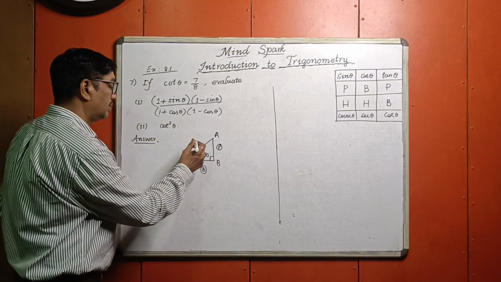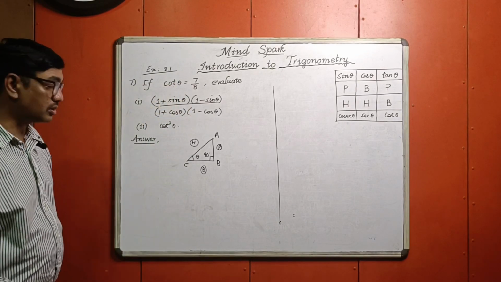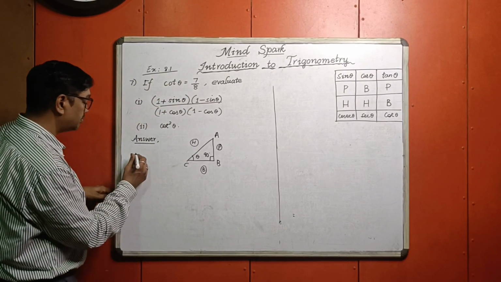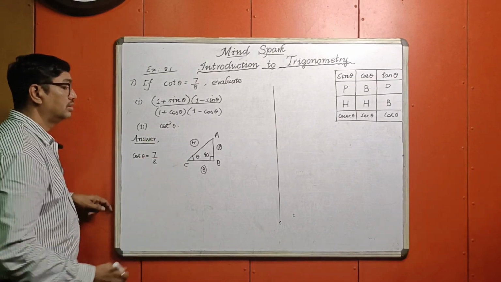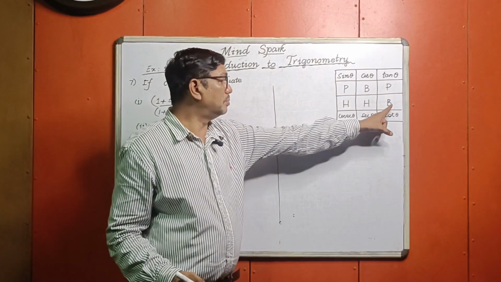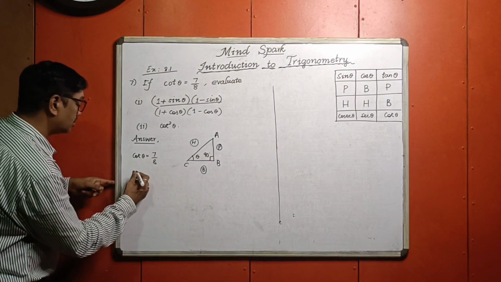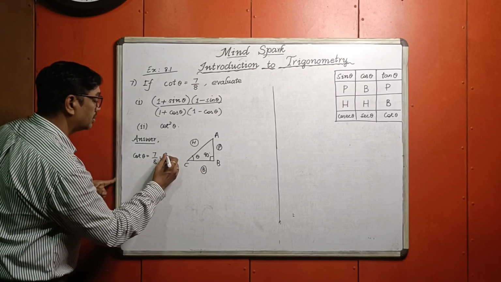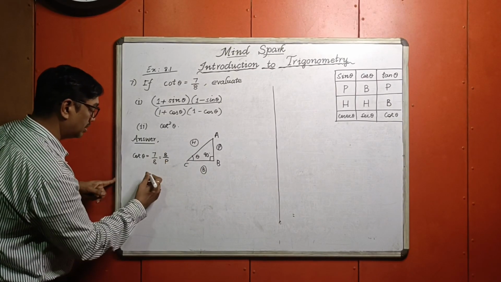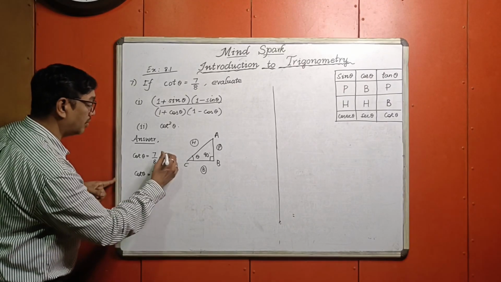Okay, then what is given for you? Cot theta is given as 7 by 8. So according to the table, cot theta is base by perpendicular. So you can compare that: cot theta is equal to 7 by 8, and what is base?